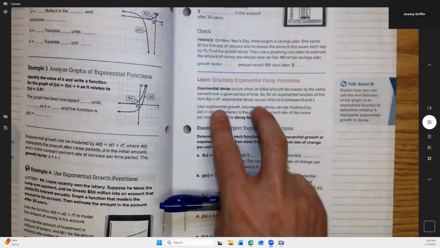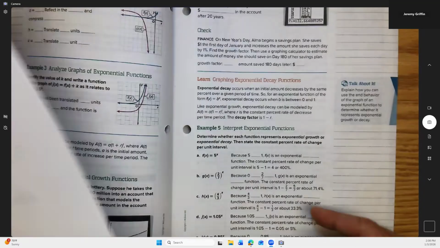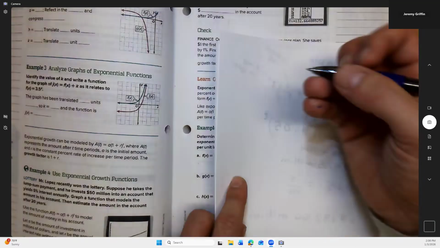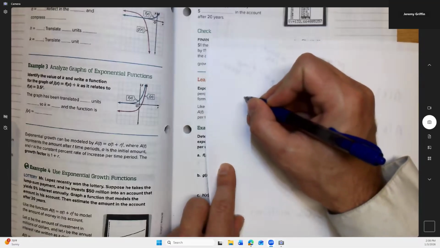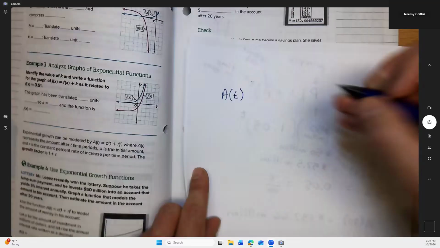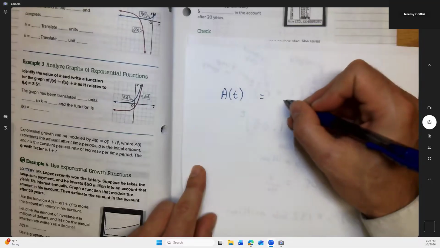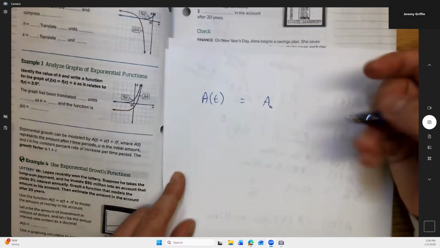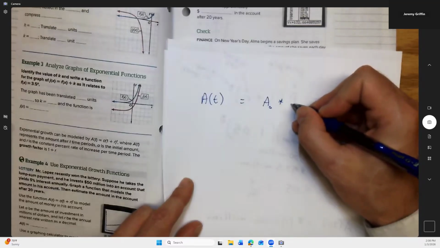So for exponential function, f of x equals b to the x, b is between 0 and 1. Well, here, I might say it like this. There's two ways you can talk about exponential decay. You can say that the amount you have as a function of time could be the amount that you start with times some base number.